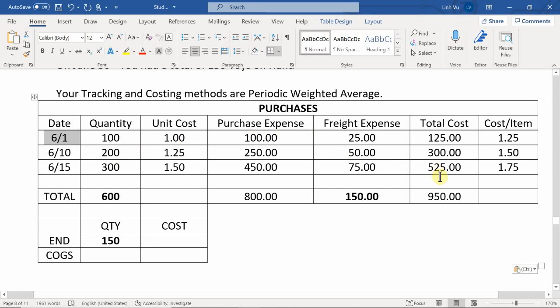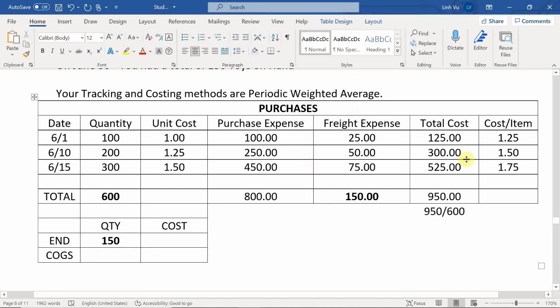In this case, what is going to be my total weighted average per item? What's going to be my average cost per item? $1.58333. Okay, so good.